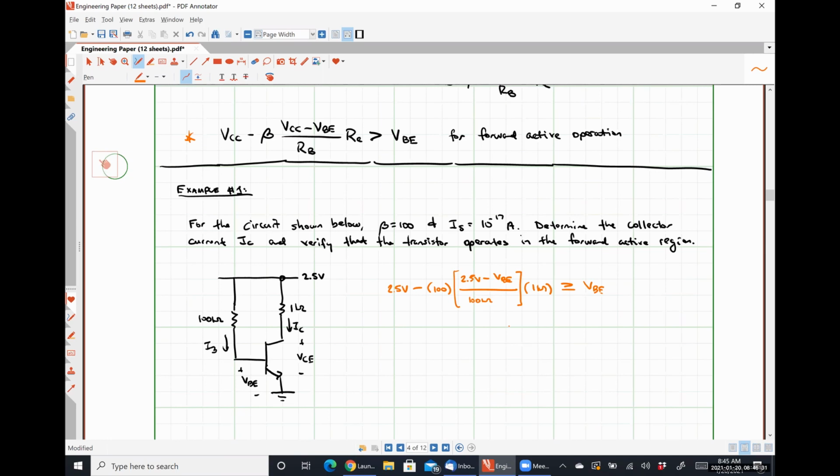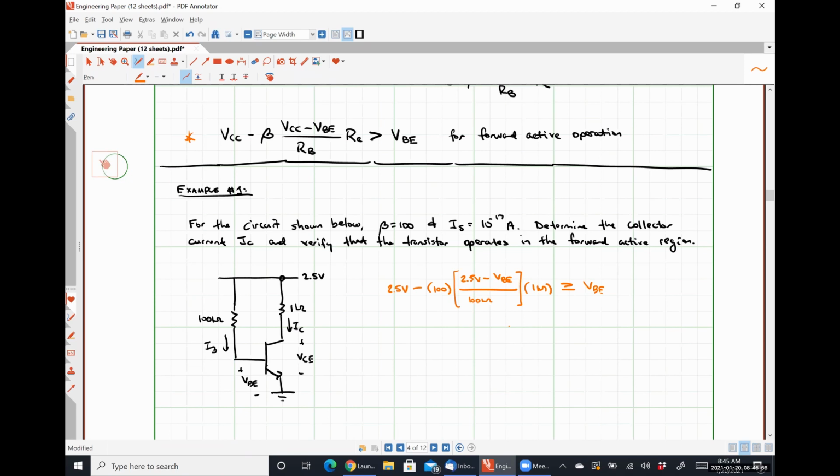So those cancel each other out. Then I have 2.5 volts minus 2.5 volts, so those cancel out. I have negative VBE is greater than or equal to VBE. So it seems like any value of VBE should work here, but we know that that should not be true.